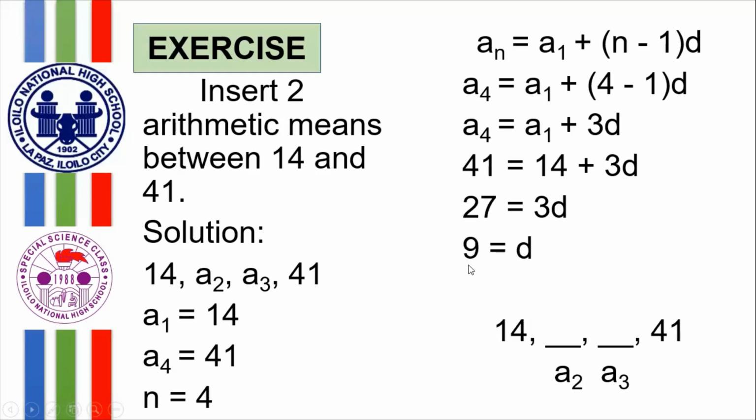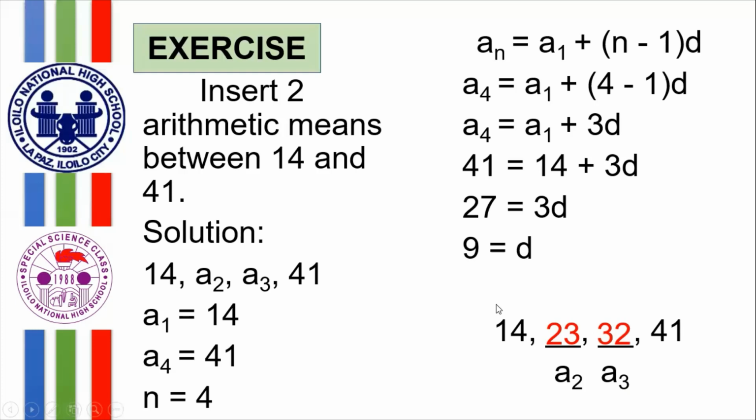14 plus 9, that is 23. 23 plus 9, that is 32. And if you wish, 32 plus 9, you have 41. So therefore, indeed, 23 and 32 are the two arithmetic means that we are looking for because this resulting sequence is indeed arithmetic.